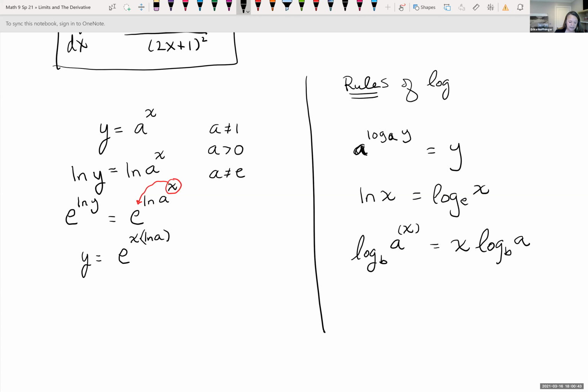Well, we just learned how to take the derivative of e raised to some function of x. And so now we can take the derivative of both sides. So dy dx is equal to the derivative of our exponent, d dx of x times the natural log of a, times the original e function itself, so times e raised to the x natural log of a.